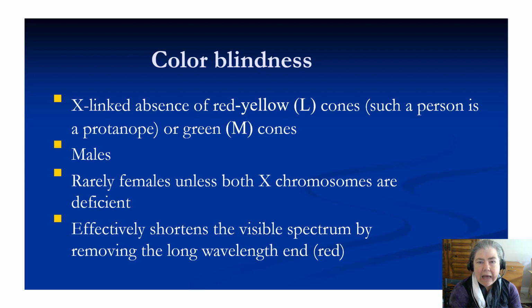And the most common kind of color blindness is an X-linked absence of L cones, which are detecting light in the red and yellow bandwidths. It could also be green cones, but the most common is this X-linked absence of L cones, of red-yellow cones. And because it's X-linked, it occurs in men primarily.